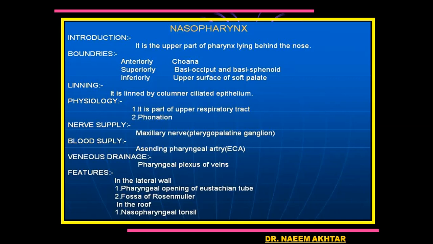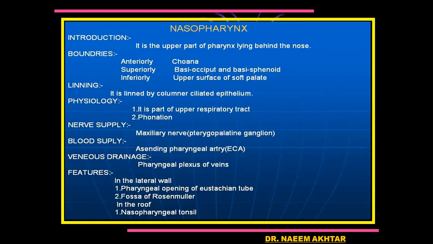Superiorly, it is bounded by the basi-occiput and basi-sphenoid, and inferiorly, it is limited by the upper surface of the soft palate. Nasopharynx is lined by ciliated columnar epithelium. Physiologically, it is part of the upper respiratory tract. It also takes part in phonation.